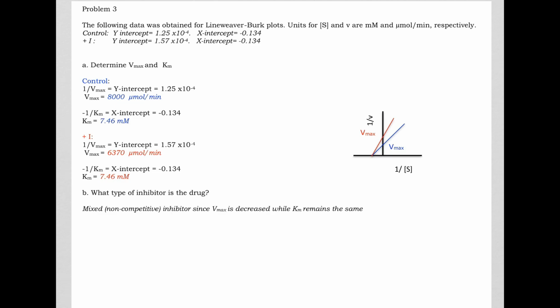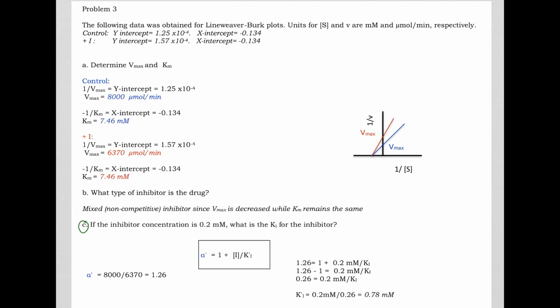When we compare these values, we see that Vmax is decreased. Vmax goes from 8,000 to 6,370. Km remains the same, 7.46 millimolar here, 7.46 millimolar here. So once again, this is a non-competitive inhibitor.